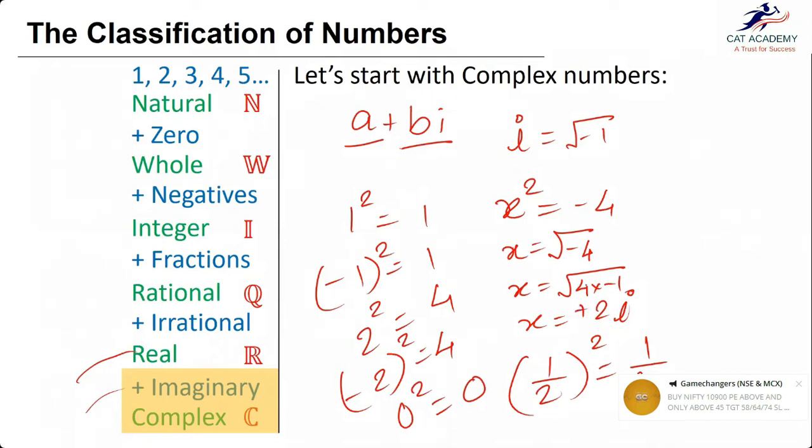So this will be plus or minus 2i, because for every square root there are two roots, positive and negative. So x here becomes plus or minus 2i. Okay?